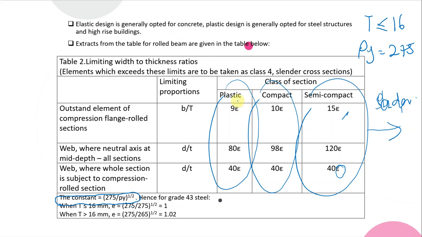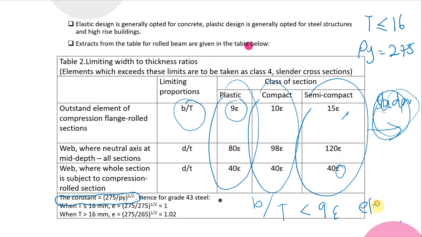So bila you nampak, kalau dia plastik, okay, element which exceed this limit are to be taken as class 4 slender cross section. So ini yang saya cakap. Okay, so maksudnya sekarang ni, ini adalah limit dia. So maksudnya value, kalau you nak kata dia adalah plastik, B over T, for example seperti sini, tengok B over T kat sini, must be less than 9E.